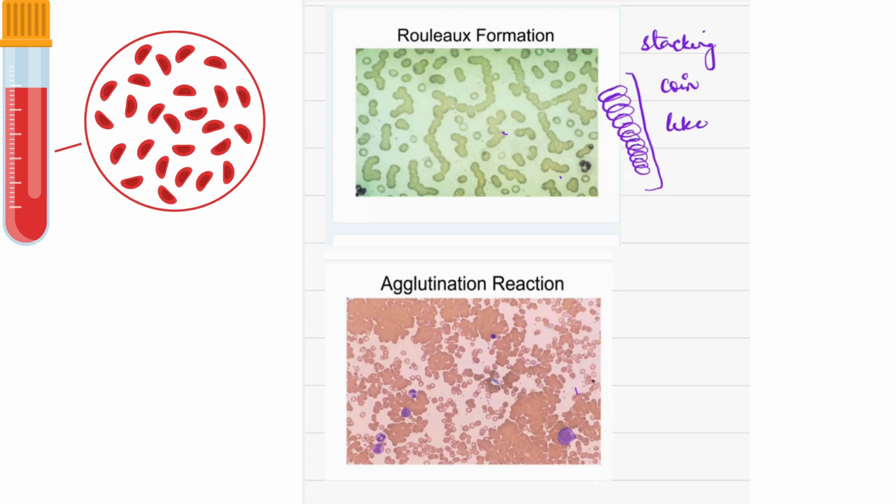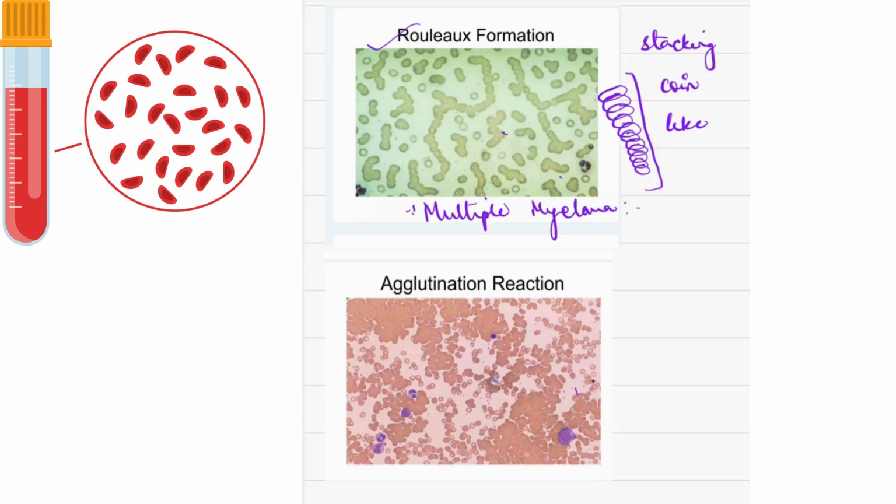And in this pattern, you can see as if there is a line of coins settled together making a big long tail, and also there is hypochromia, a little less color, then it's a rouleau formation. You need to remember this spelling. Okay, because I always used to get really confused, still I am. So this is a rouleau formation, and it is typical of multiple myeloma. Of course, you need to find other things like plasma cells and other cells. So this is a rouleau formation.